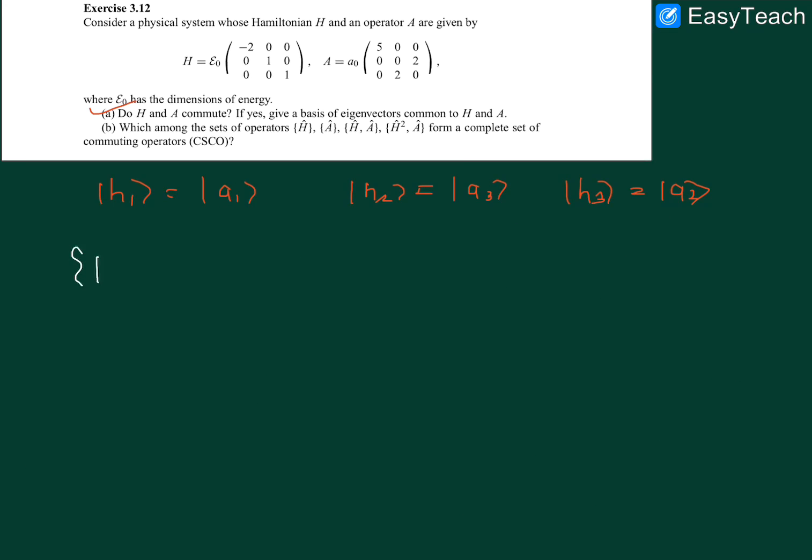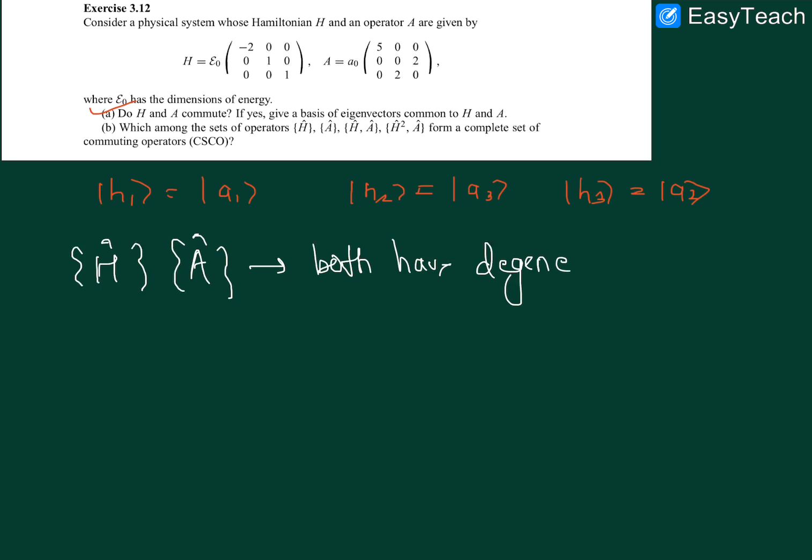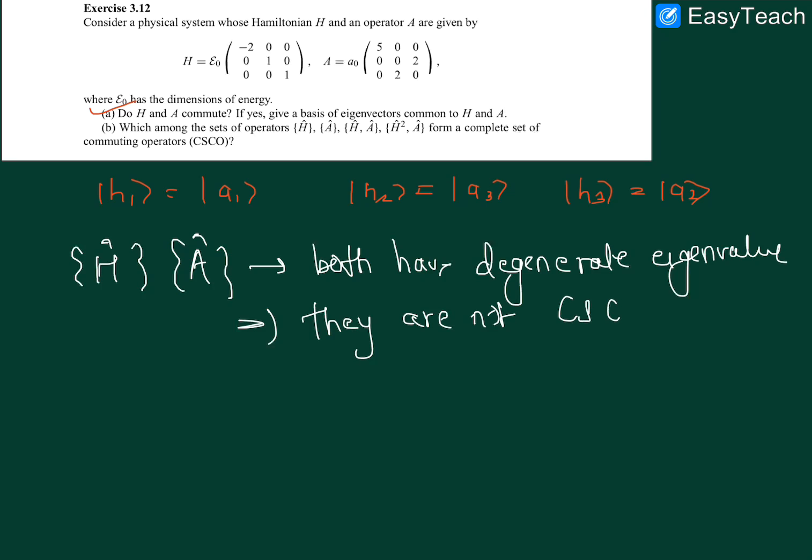So the set H cap and A cap both have degenerate eigenvalues, which implies they are not a complete set of commuting operators.